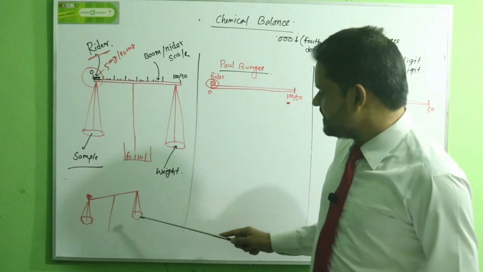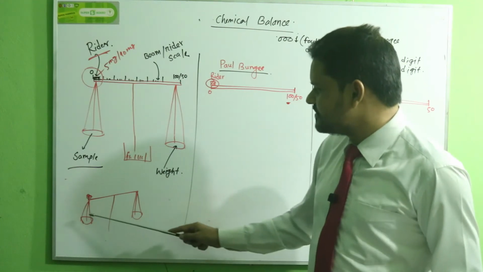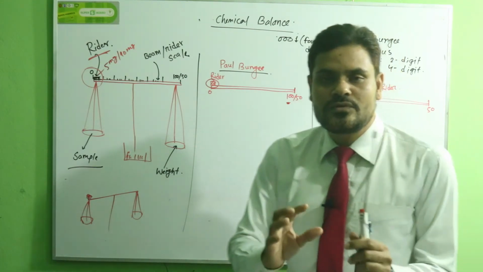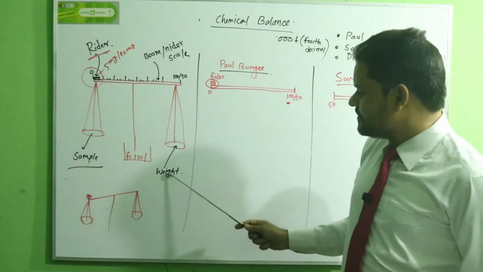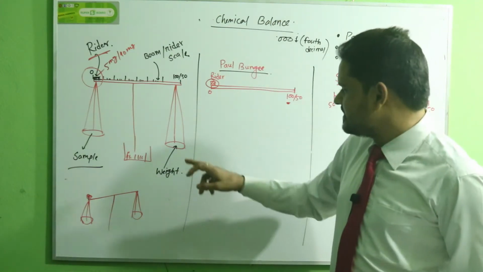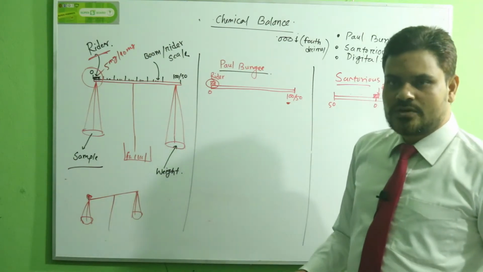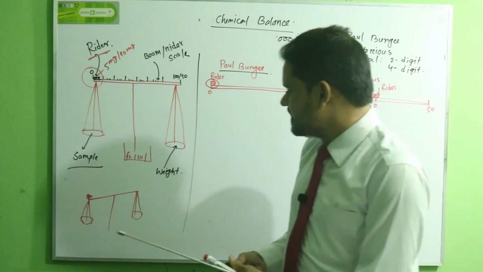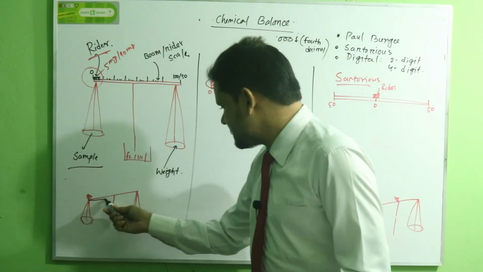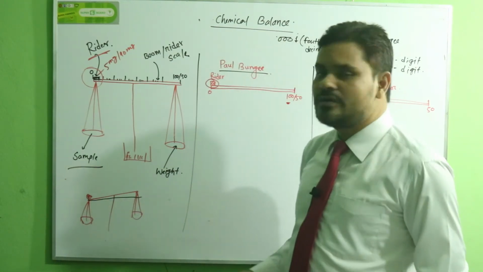The weights are less and the sample is more, but we have no small weight that we can keep here, and that is why we should balance it like this.